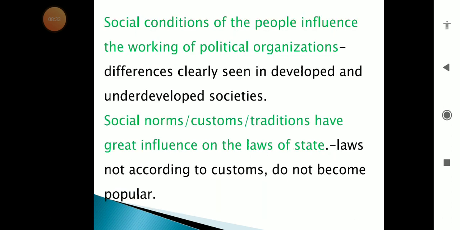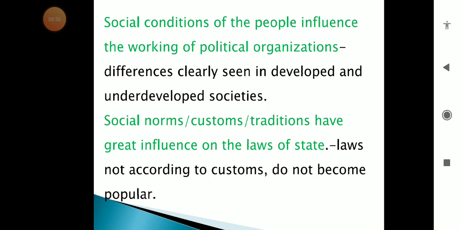Next is that the social condition of the people influences the working of political organizations. If you talk about the social conditions of man, if they are socially in better conditions, right? Then the political organizations work in a better way. The working of political organizations is far better in developed countries.